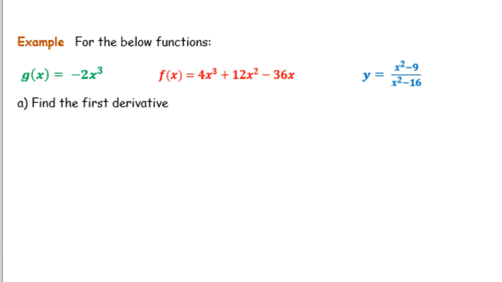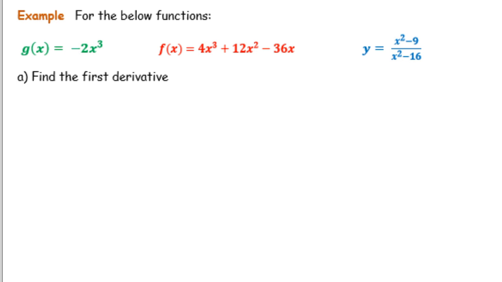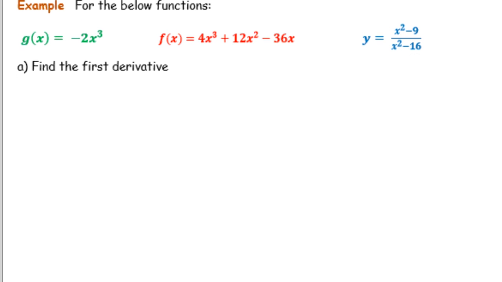Alright, so for the following functions, find the first derivative. And I'll let you know for the green one and the red one, it's awesome. For the blue one, it takes up loads of space. What rule do you think we're going to use for the blue one?